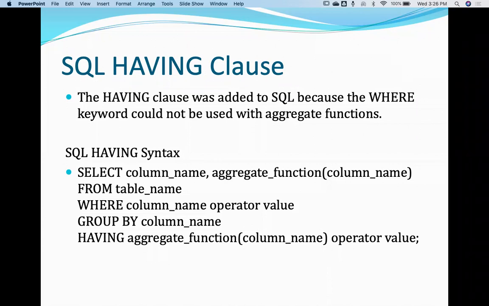Then we have seen the group by statement, which will make small clusters based on the value, and the having clause will be used in the SQL query if we require the aggregation function to be used beyond the select command.